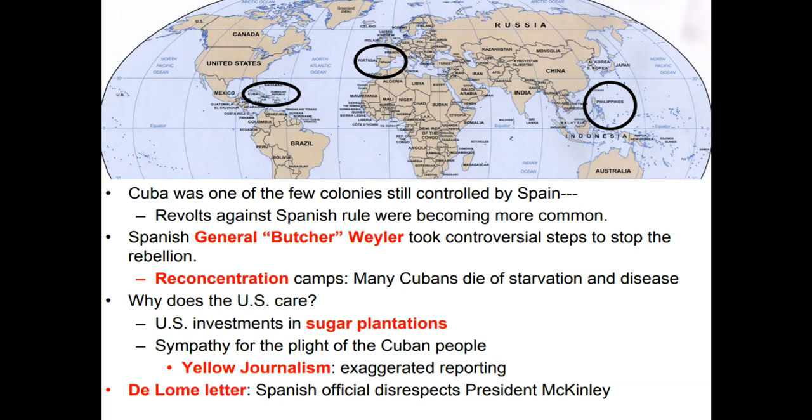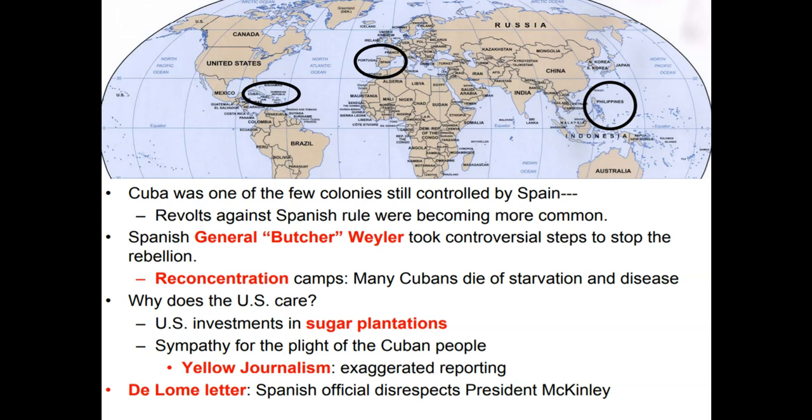Sympathy for the plight of the Cuban people was exaggerated by yellow journalism, which is a type of reporting in which you exaggerate everything that's happening in a particular area, in this case in Cuba. And therefore, many Americans felt a lot of sympathy for the Cubans because according to these reports, the Cuban people were being butchered and mistreated in such an inhumane way.